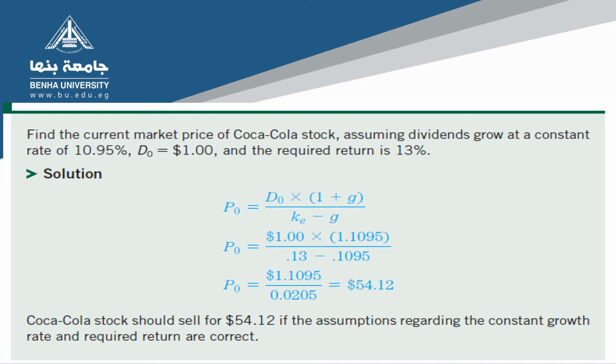By using equation 5, Coca-Cola stock should sell for $54.12 if the assumptions regarding the constant growth rate and required return are correct.